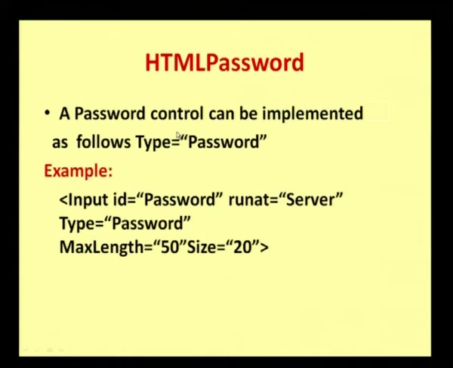The password field asks the user to enter characters as a password to the web server, so that it can process it as a password and not as normal text. So the syntax is input type equal to password, runat equal to server. This is a differentiation to indicate it is a password field.